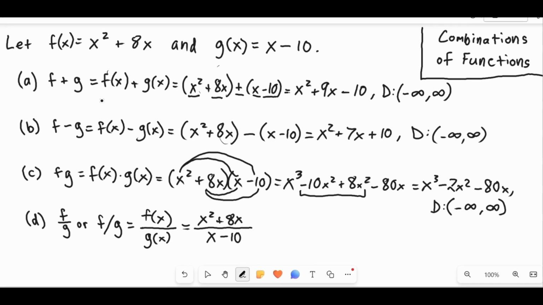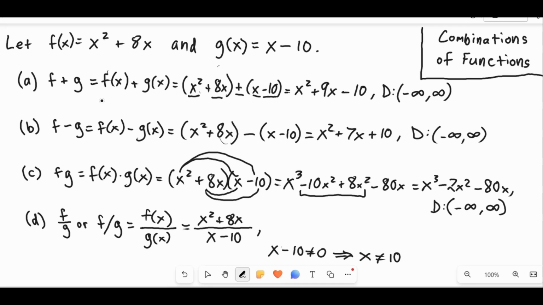Okay. And if we wanted to identify the domain, note that x cannot equal 10, because if x was equal to 10, 10 minus 10 would be 0. Let me take that back. You write it this way: x minus 10 cannot be equal to 0, and therefore x cannot be equal to 10.